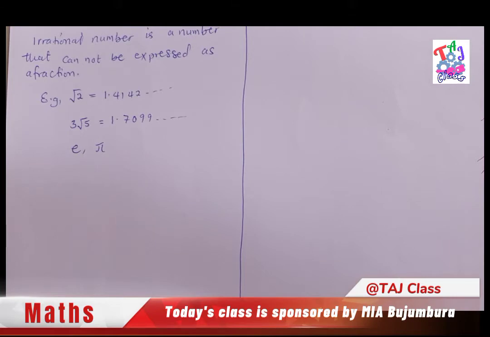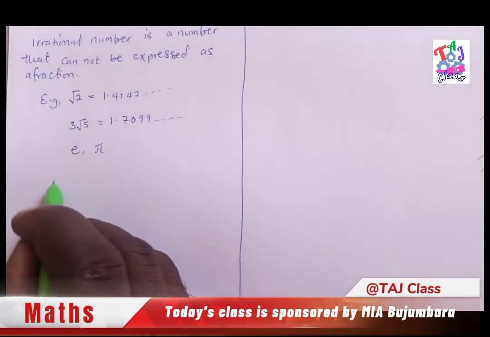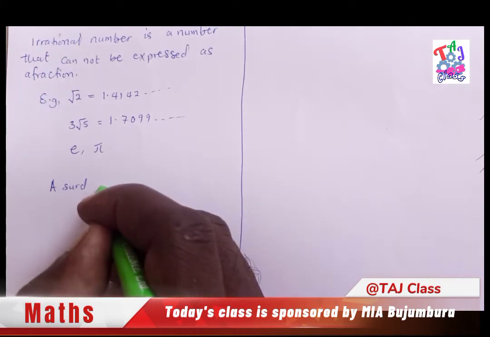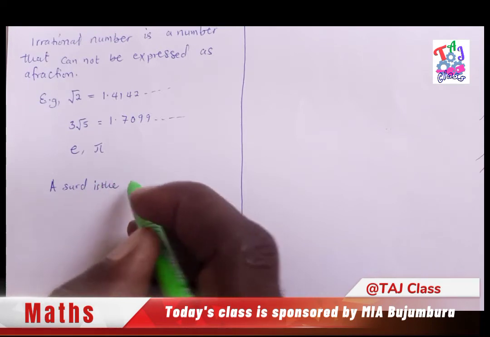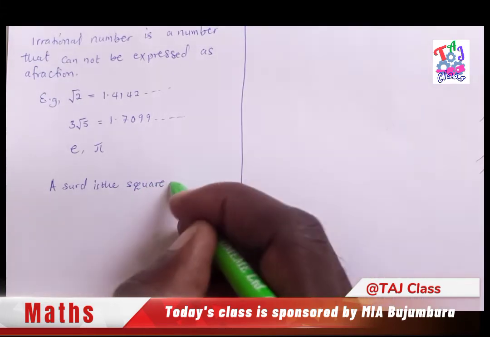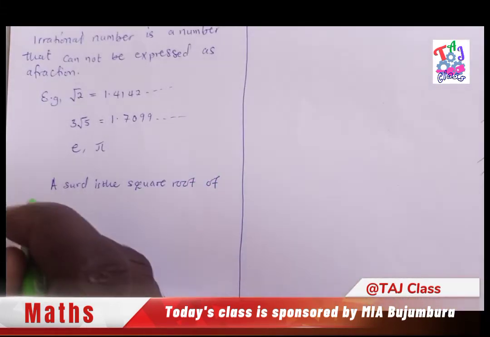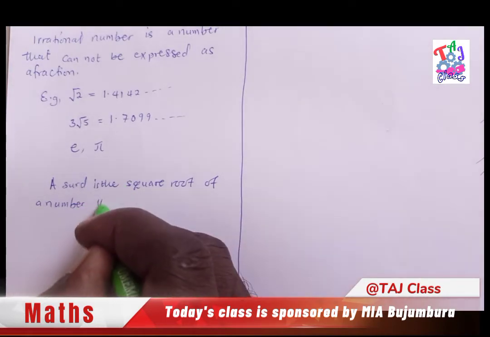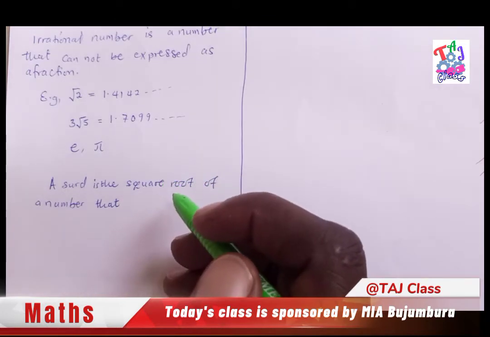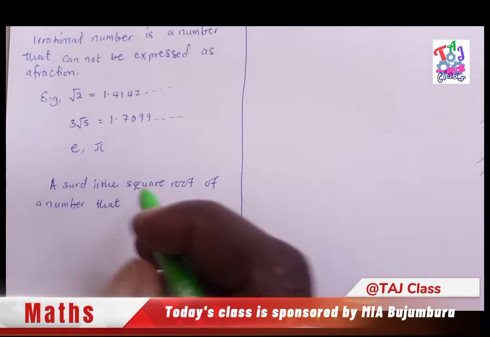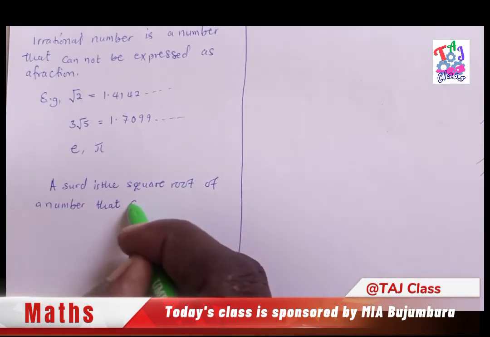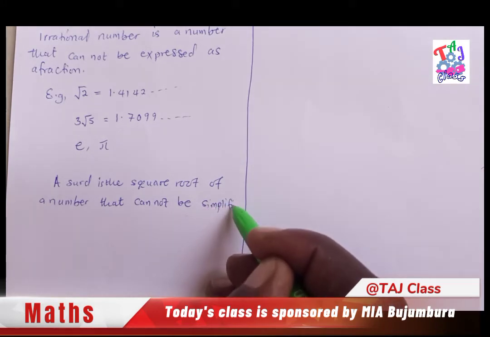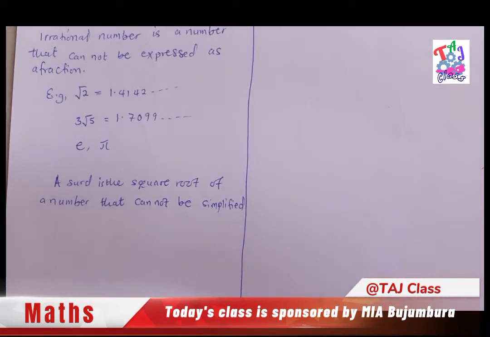From those two definitions, I think we can come up with a definition: a surd can now be defined as the square root of a number that cannot be simplified into a whole number.